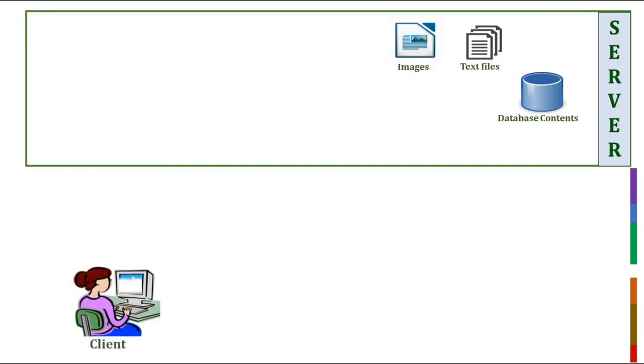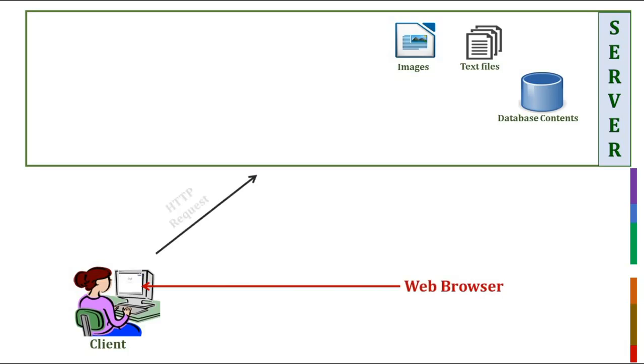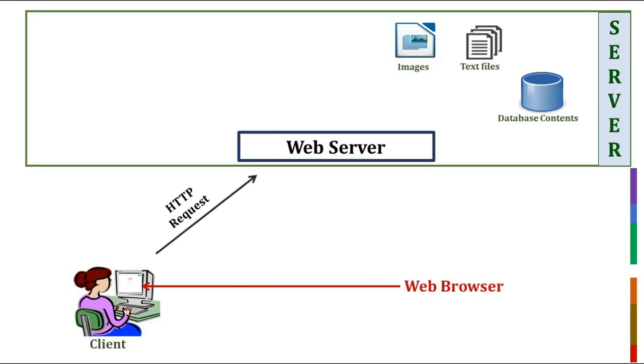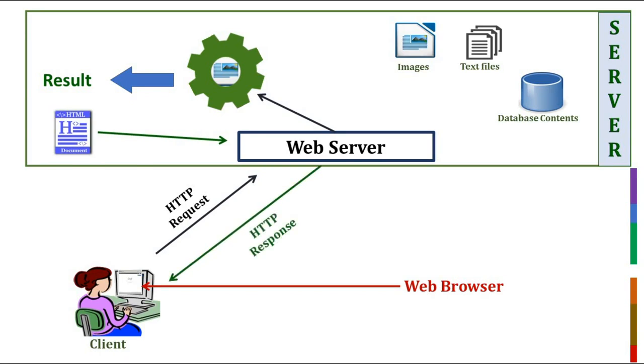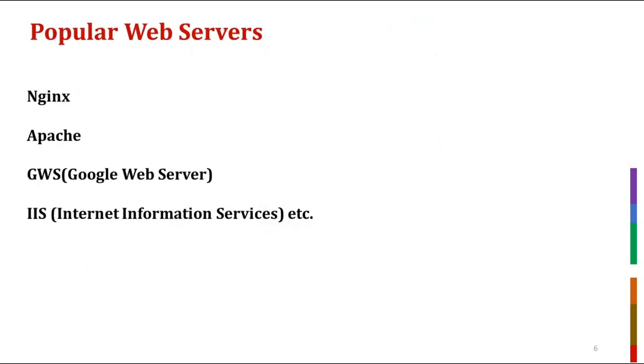When a client raises a request for a web page, a piece of software called a web server that runs on the same computer puts all those raw materials together, processes them, and the result is encoded into a web page, that is an HTML document, and then sends it back to the client. A few examples of a web server are Nginx, Google Web Server, Apache, Internet Information Services of Microsoft, and so on.